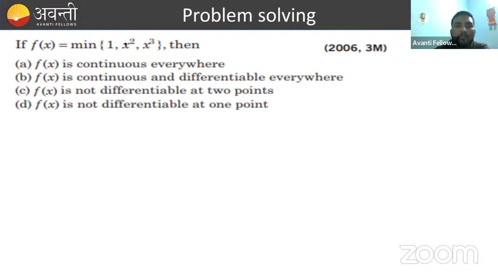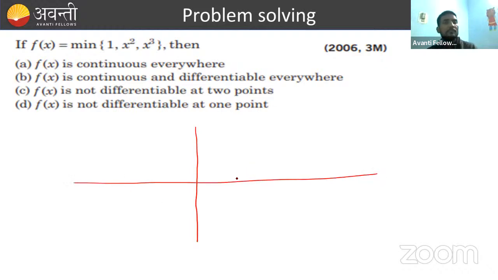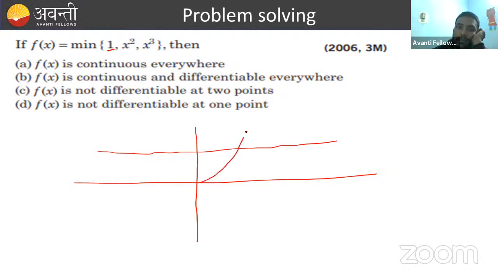f of x equals the minimum of 1, x square, x cube. So just draw the graph. The function 1 is this one. The other one is x square, which will be like this.